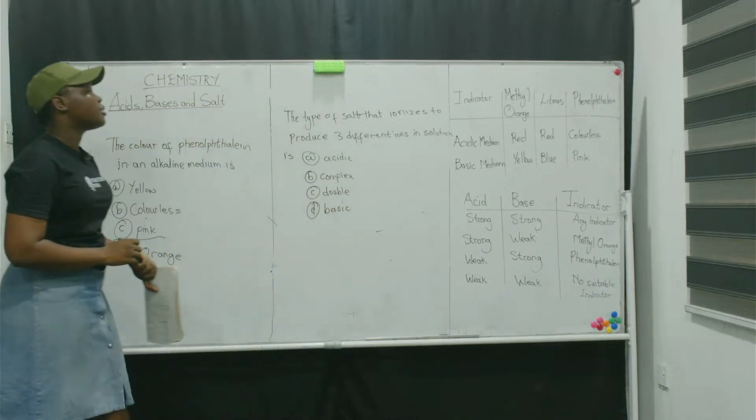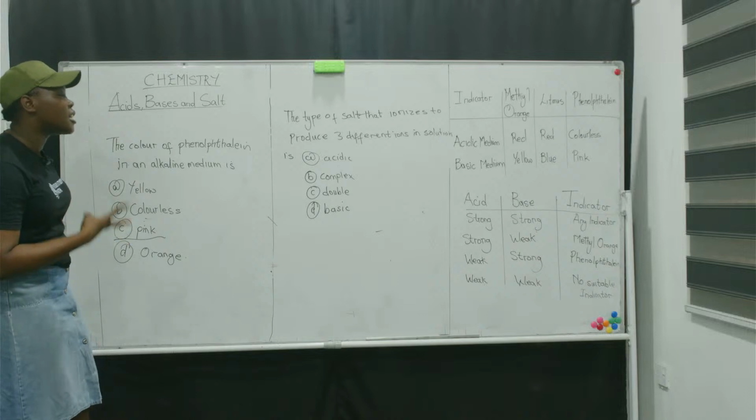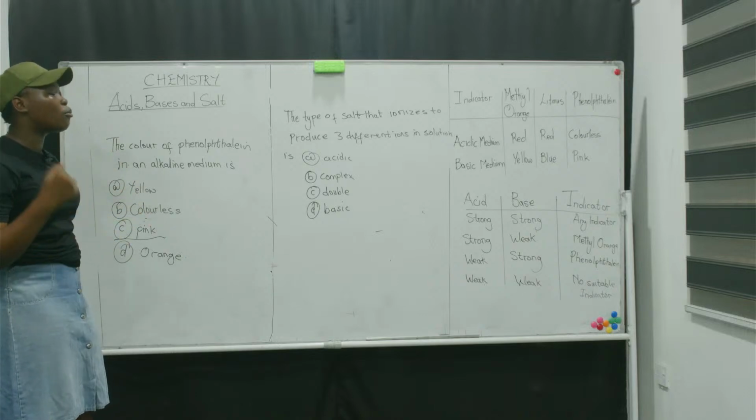Let's take the question again. The type of salt that ionizes to produce three different ions in solution is acidic, complex, double, basic.